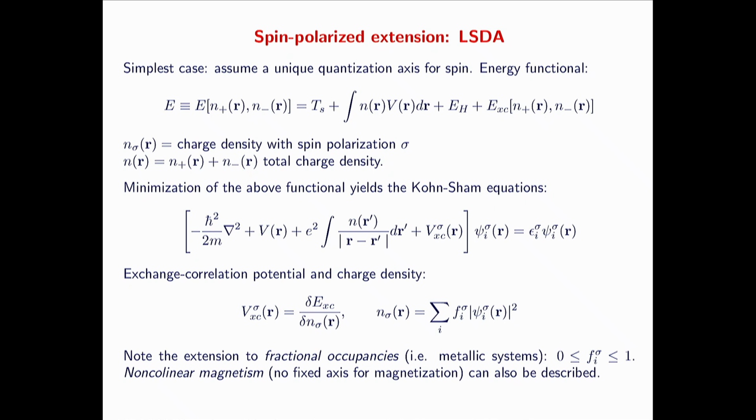There is also a generalization to the general case in which you don't have a single quantization axis, and you consider your Kohn-Sham orbitals not as simple functions, but as spinors, functions with a spin up and spin down part.